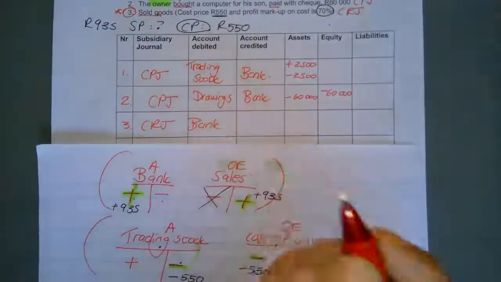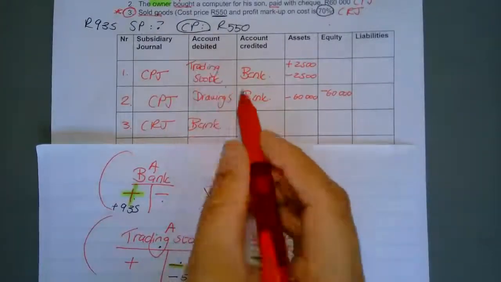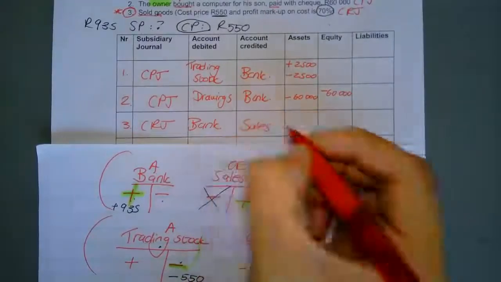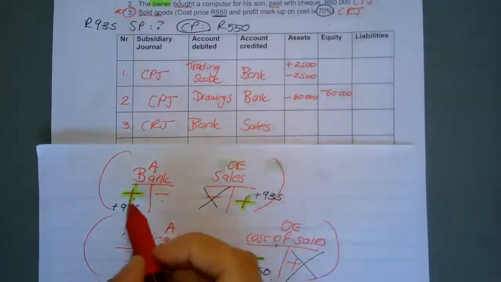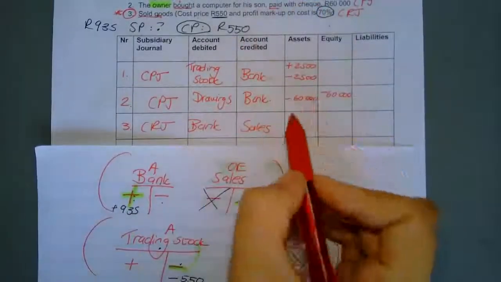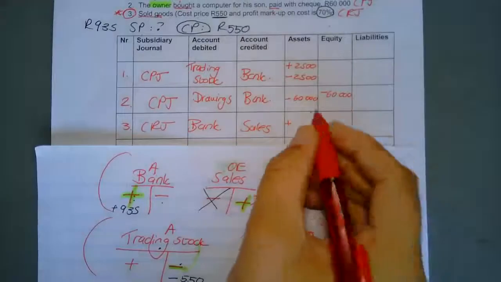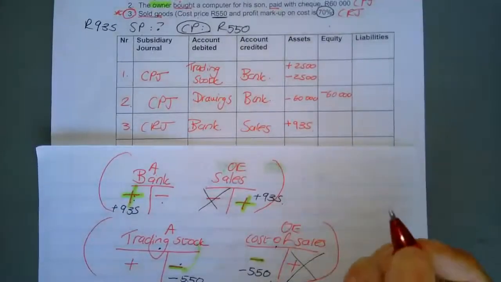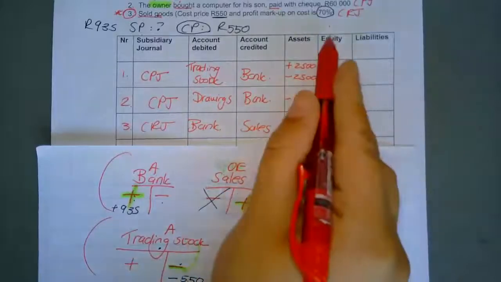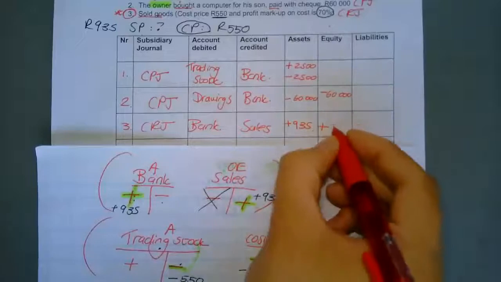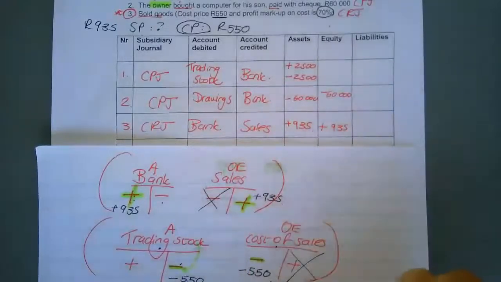Remember, when I receive money, bank will always be debited. Which account is credited? Sales. So assets increase. I go to my assets column and say assets increase because I'm receiving the sales of 935 Rand. Sales is an owner's equity account and it brings me an income of 935 Rand.